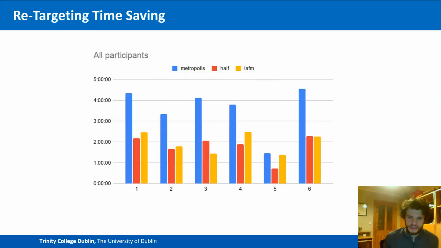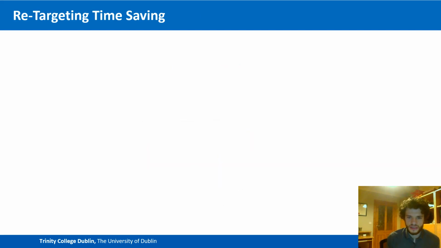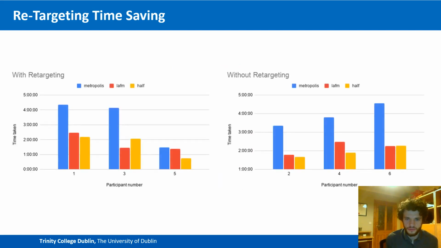For time saving, we found that across participants, whether they were allowed to use our approach to retarget or not, as you see in the two graphs divided, around 50% time saving was reached for both. This indicates a brief learning curve where participants were becoming more familiar with the tool set, and these findings are shown in the dependability metrics also in our paper.